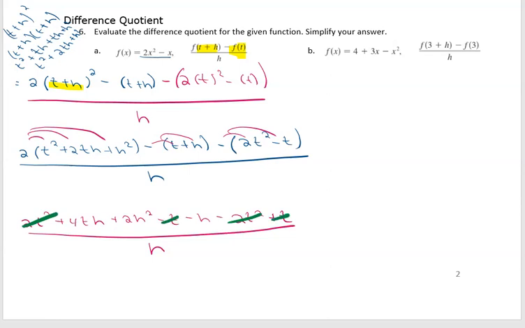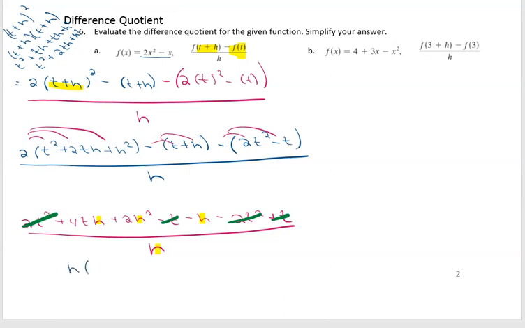Now notice something very important here. Do you see how everything that's left has an h? If it doesn't have an h at this step, we need to check our work because it will have had to have canceled. And the reason it would have had to have canceled is the next step is to pull out an h.